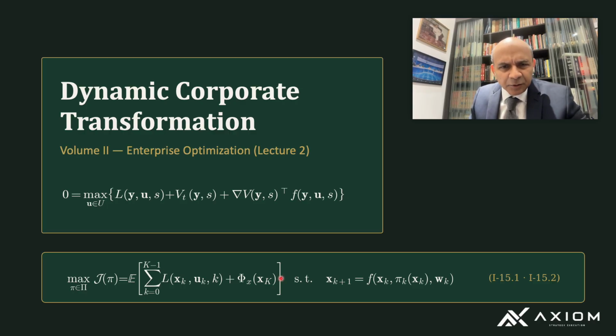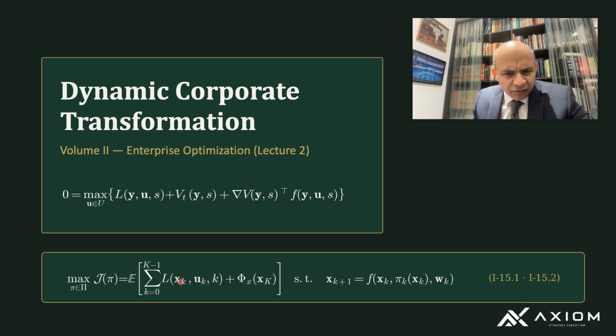u of k is the management decision or control at period k, and x of k is the enterprise state vector at period k. Capital K is the terminal period of the planning horizon.